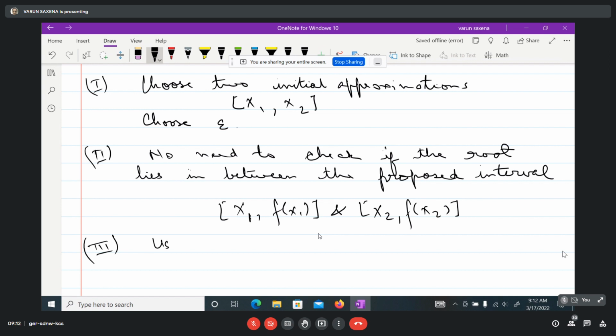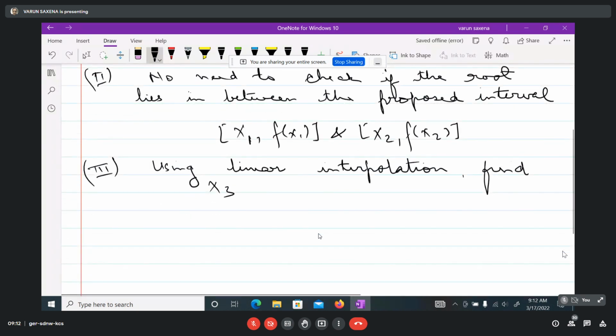So you know what linear interpolation we are talking about. It's the straight line thing that we did in false position. Using linear interpolation, find x3.